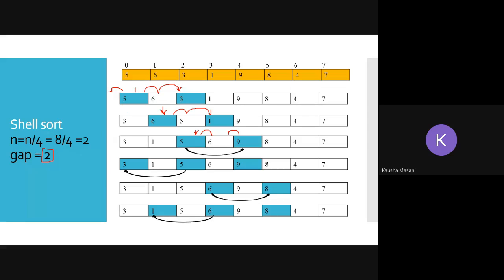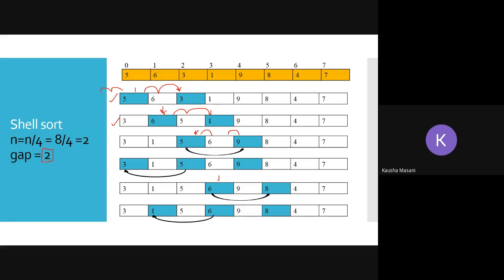Because there is no backward to pass here. But when we came to 5, we could compare with the 2 indexes backwards too. So you compare there also. Now obviously 3 is less than 5, so there is no comparison. So 3, 1, 5 is sorted.